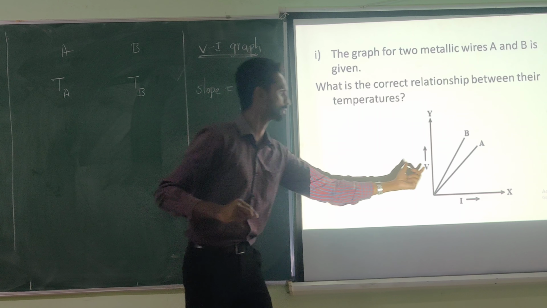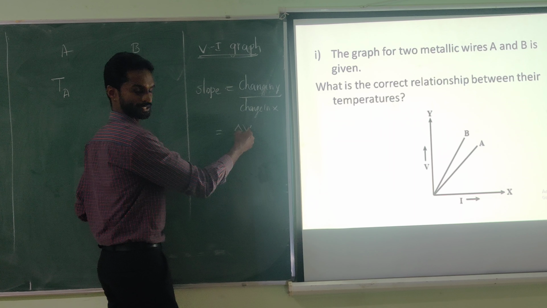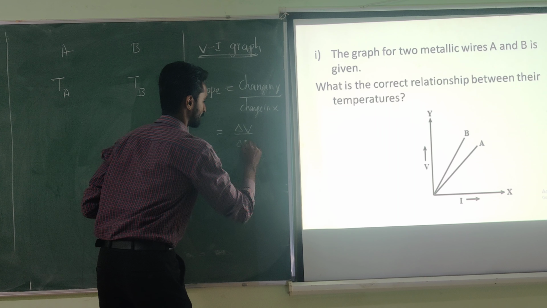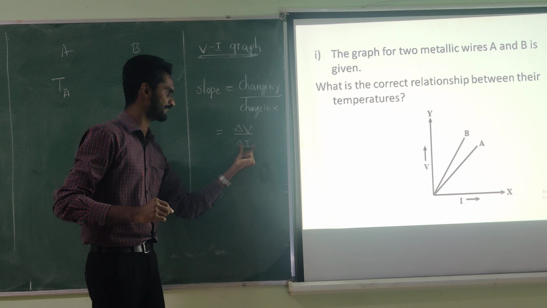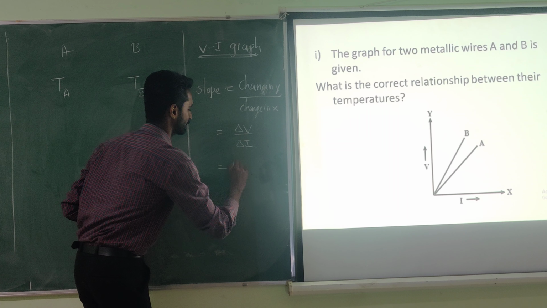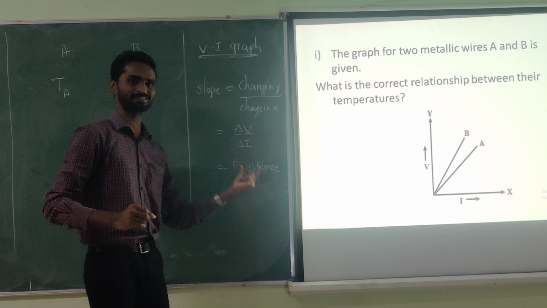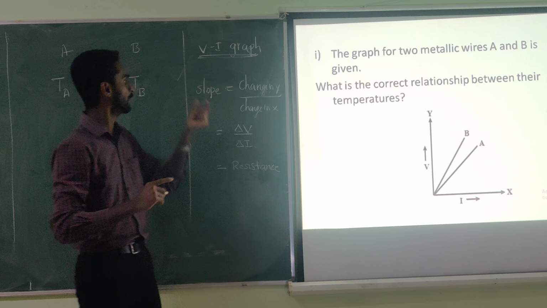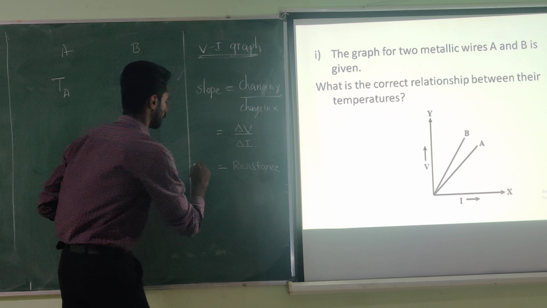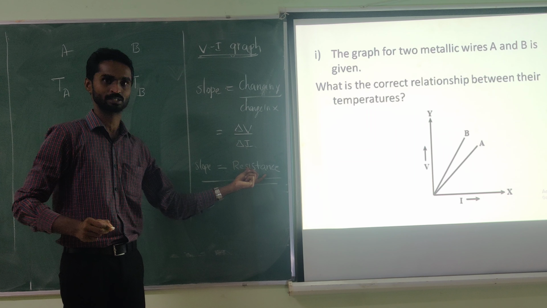In the y-axis there is voltage, so delta V, and in the x-axis there is current, so delta I. Delta V divided by delta I, change in voltage divided by change in current, finally gives resistance. Why? Because we already know V by I is resistance. So when you find the slope of the VI graph, you get resistance.